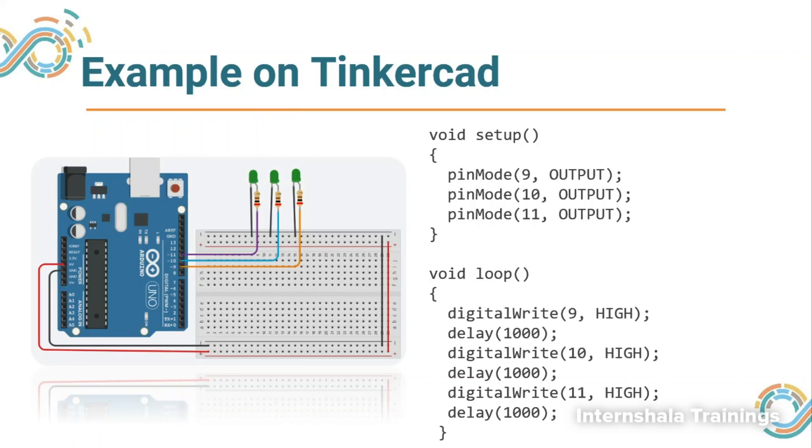So you can expect what will be the output here. First of all, the rightmost LED which is connected to pin number 9 will be on. It will stay on for 1 second, then the second will be on, then the third will be on. And this way after 2 seconds all three LEDs will be on and they will remain on forever. So this is the program, and let us test it now.